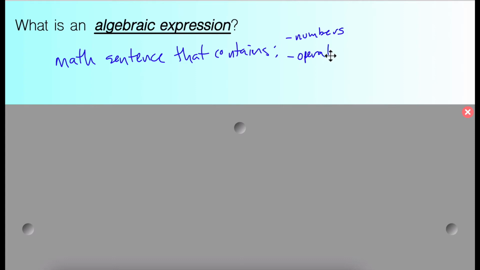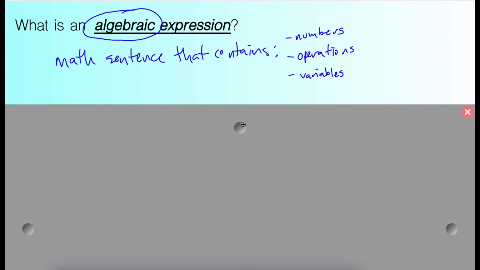Operations, something to do to those numbers. So your operations are add, subtract, multiply, divide. And lastly, since this is an algebraic expression, what makes it algebra? It's the presence of variables, which we'll define in a moment if you're not sure what a variable is.